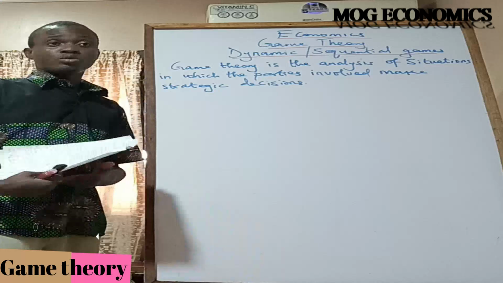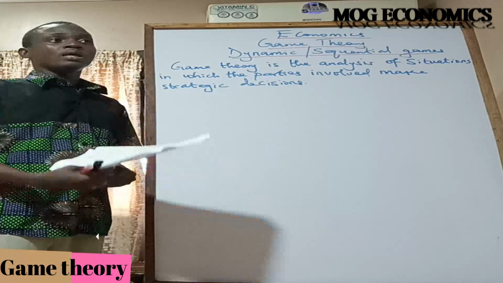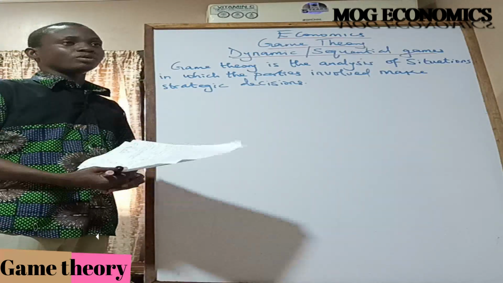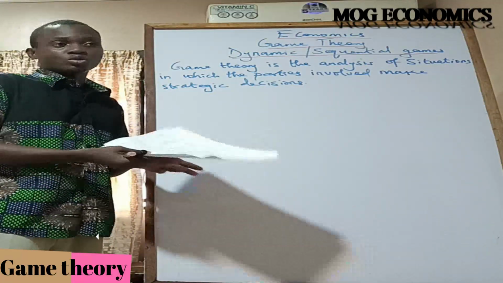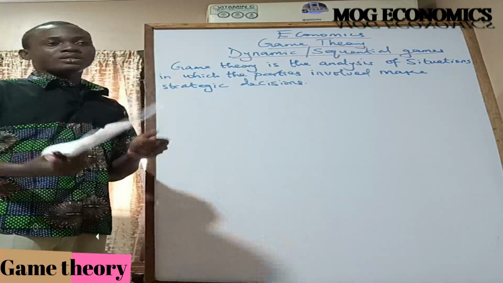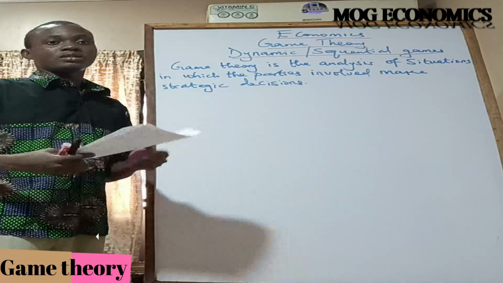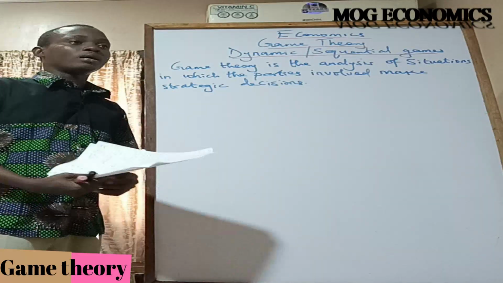That is, what I'm going to do if I happen to be one of the players in a particular game, in a particular situation, is going to be a function of what someone else has done or what someone else will do. So it is that interdependence that is pretty much the strategic decision that people are taking.